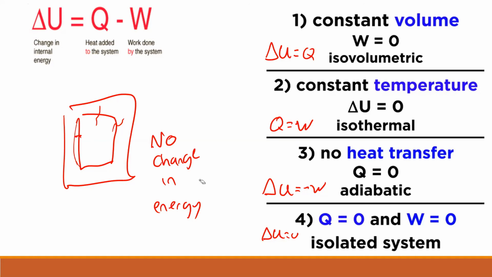Now, I'm going to upload this video later on. If you didn't quite understand these 4 bits and pieces, I suggest you watch them back. If there's one of these that you didn't quite understand, I'd suggest looking it up. I reckon you could very easily find a great explanation of adiabatic on YouTube. I actually don't think I did a very good job of explaining adiabatic.